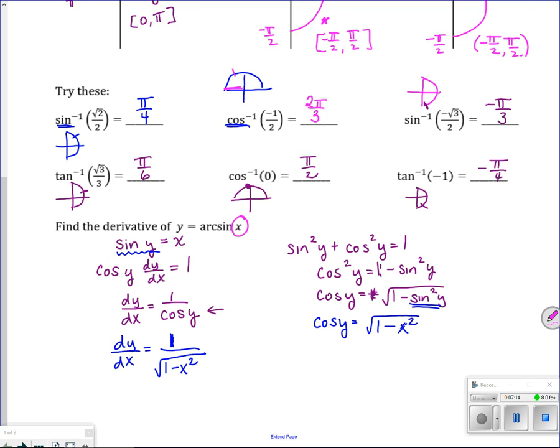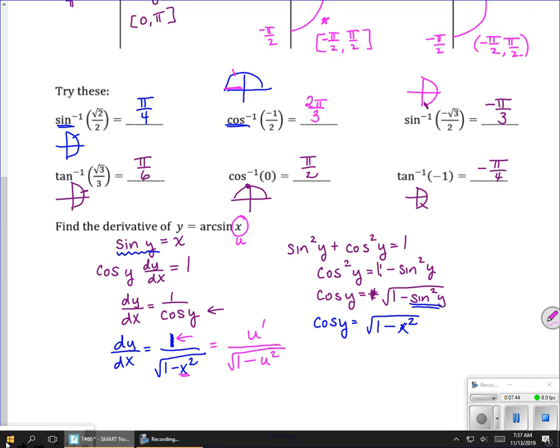In the same light as we did the logs, if I look at that as u, the derivative is really 1 over the square root of 1 minus u squared, and the reason there's a 1 on top is because of the derivative of x. So I have u prime. And that, friends, is the derivative of arcsine of u.